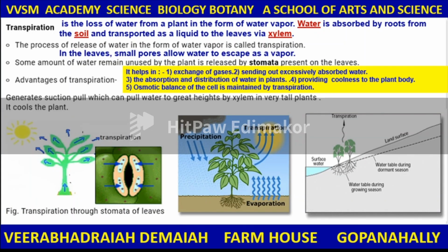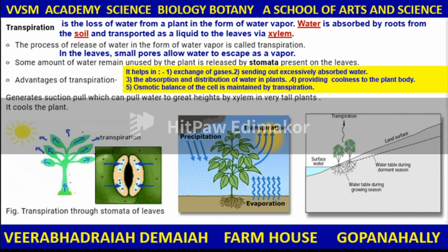Well, in botany, we can come across transpiration: the loss of water from the plant in the form of water vapor. Water is absorbed by roots from the soil and transported as a liquid to the leaves via xylem.